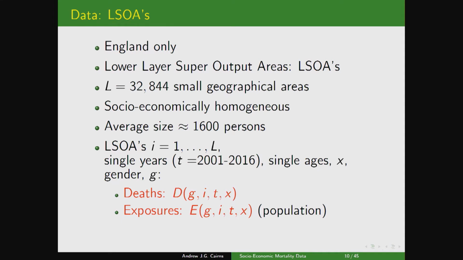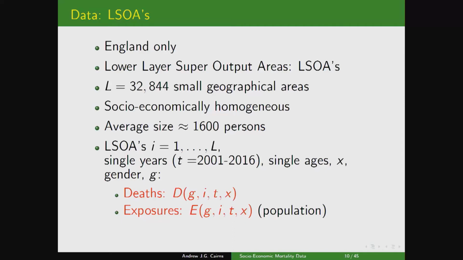So first of all, I'll start to introduce the data. We're going to be looking at England only. The key geographical area is something that somebody in their wisdom gave the imaginative name of lower layer super output area, and I'll abbreviate that for the rest of the session to LSOA. So what are these?